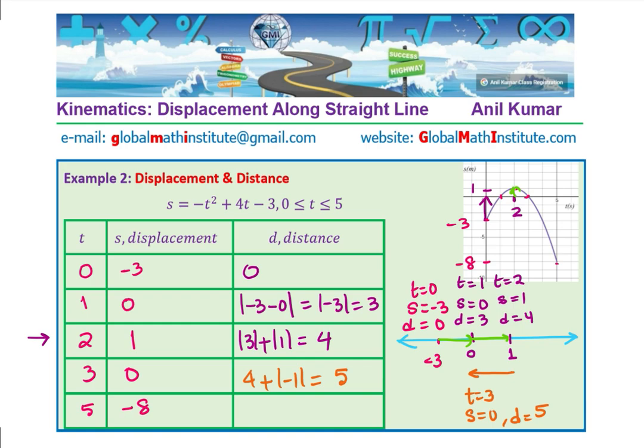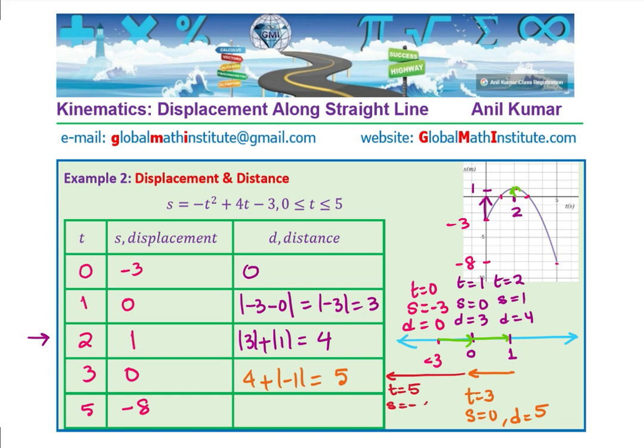And then when t was 5, it further moved 8 units to the left, right? So it kind of moved further. Let me use another ink here. It further moved 8 units to the left, right? So from here, imagine this, far away. So this is at t equals 5.